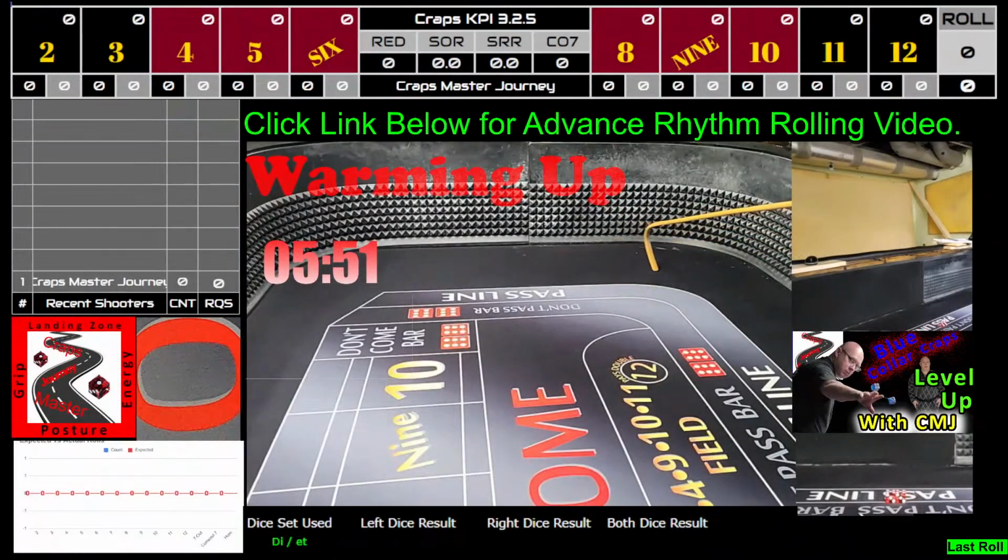If you look at my dots on the table, it's pretty well beat already in that area. This is the area that I tend to throw the dice in, right in here. This right here is about 2 feet away from the back wall. This right here is about 9 inches from the back wall.